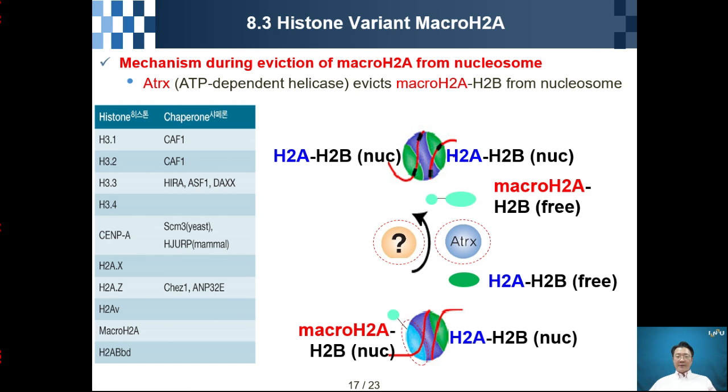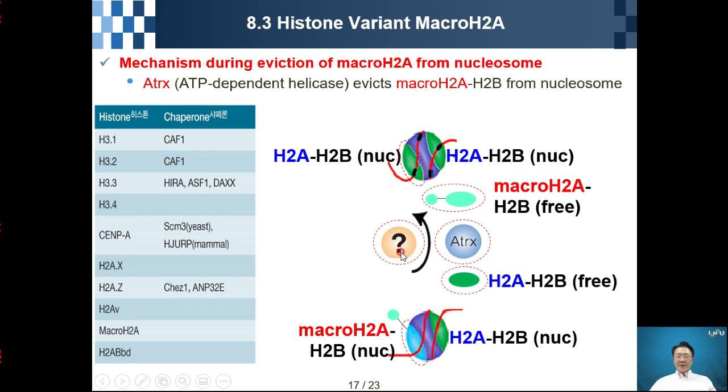After it is evicted, this macro H2A, H2B goes to the cytoplasm. After that, new H2A, H2B can be incorporated like this. Okay, so this is the mechanism during eviction of macro H2A from nucleosome.